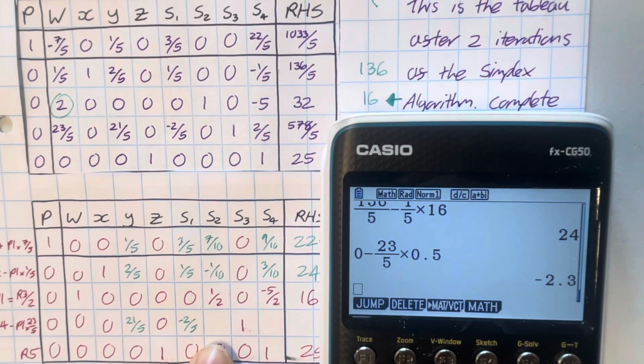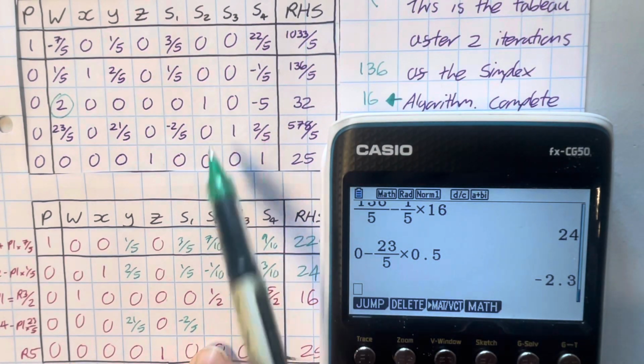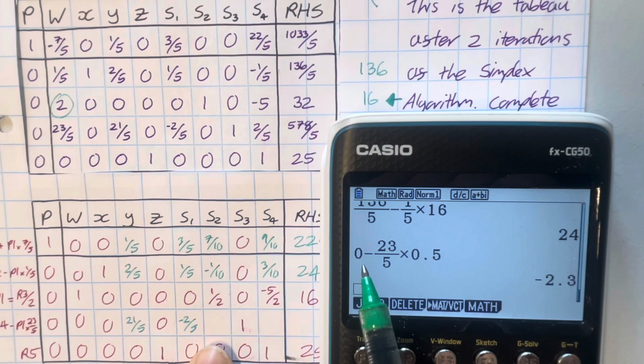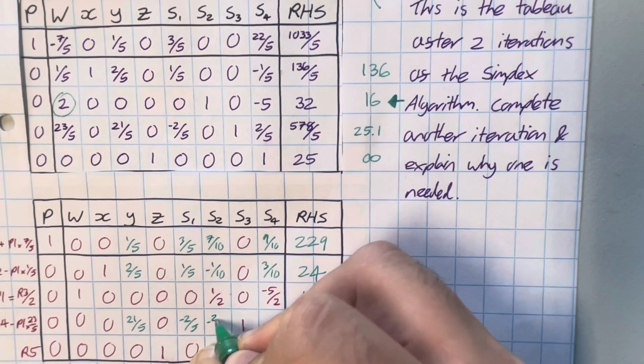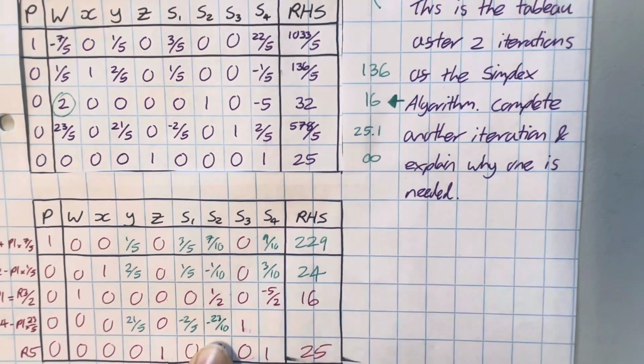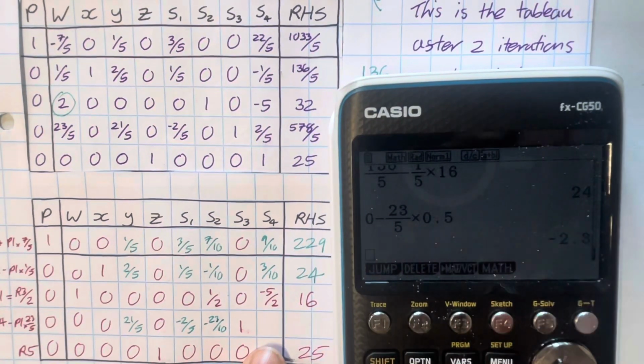So I'm going to try that again. 0, subtract 23/5 times a half. No, it's minus 2.3, yeah. So I'm going to write that as minus 23/10, just because I've got everything else in fractions, but minus 2.3 is also fine.